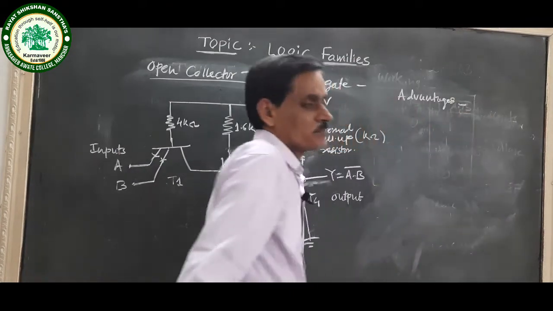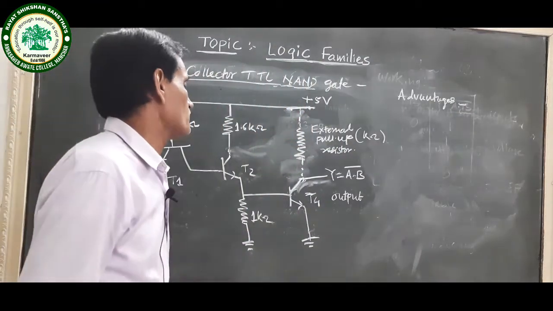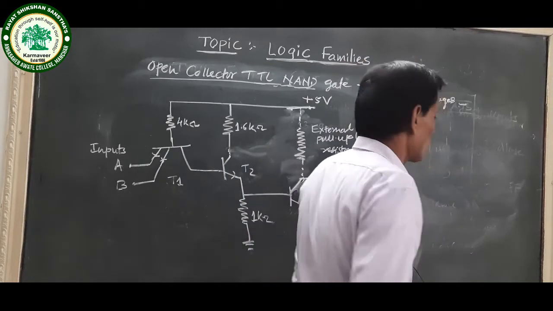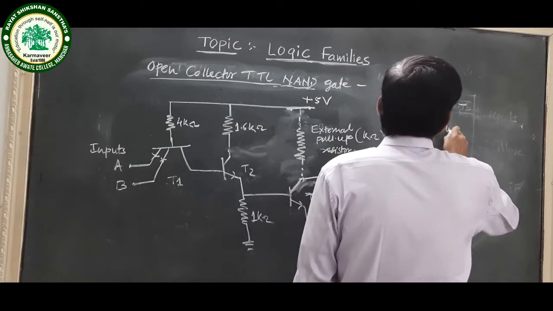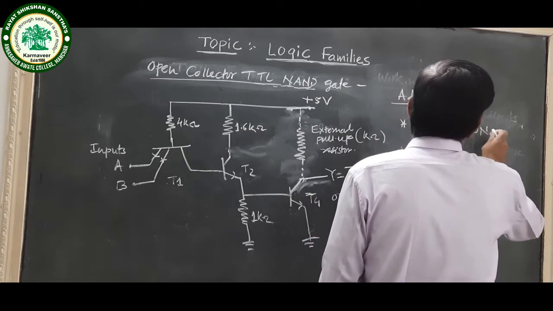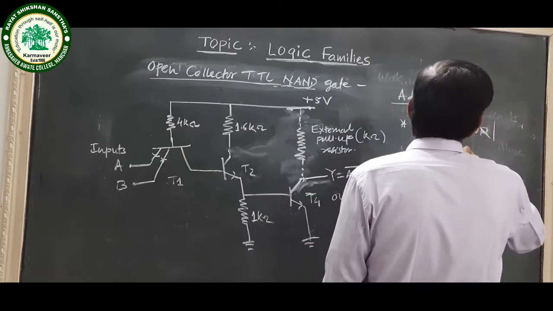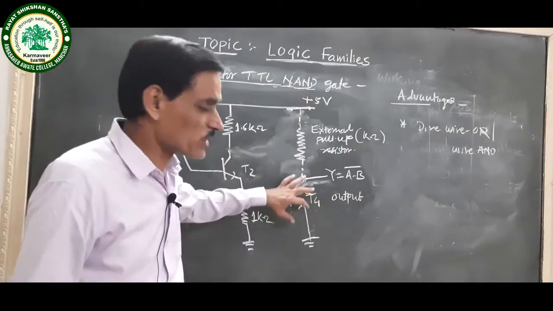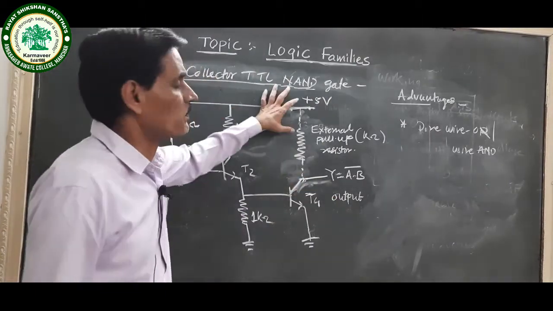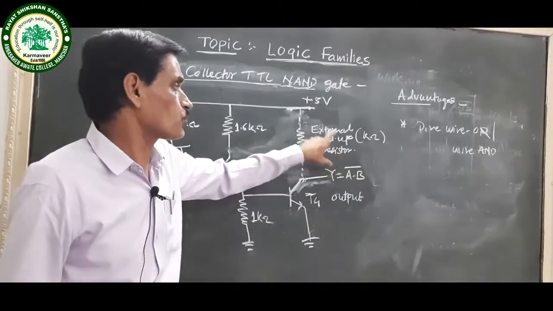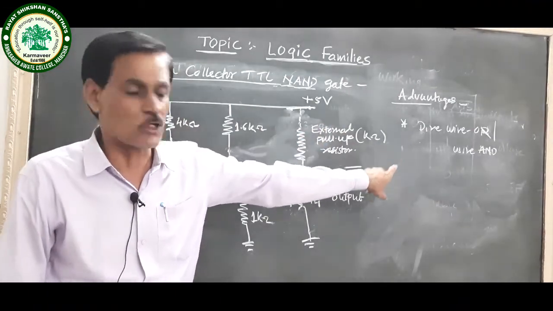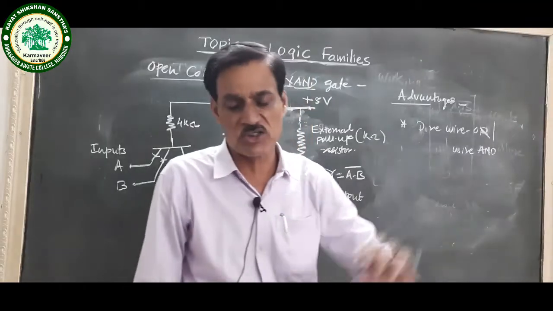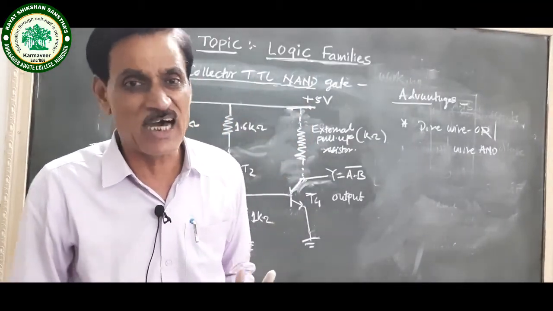The first advantage is that the gate provides the wired-OR or wired-AND facility. It means you can connect the outputs of many open collector TTL devices through a single pull-up resistor at the output side, thereby forming a wired-OR or wired-AND operation and eliminating hardware.